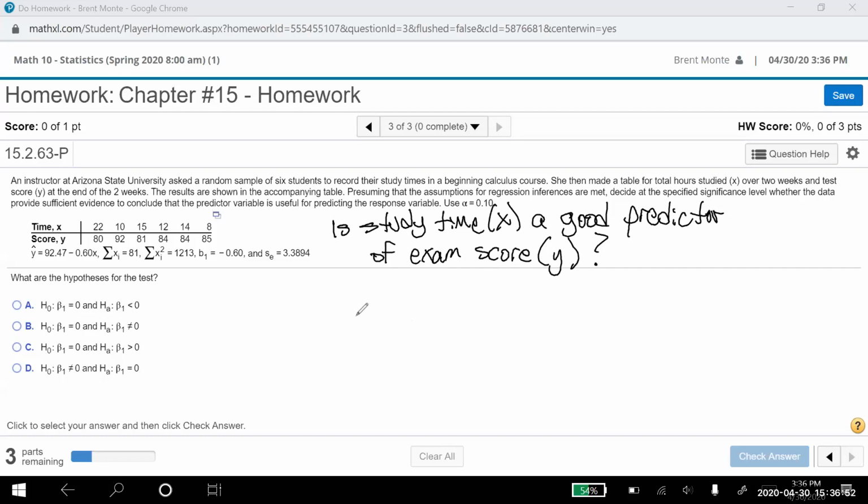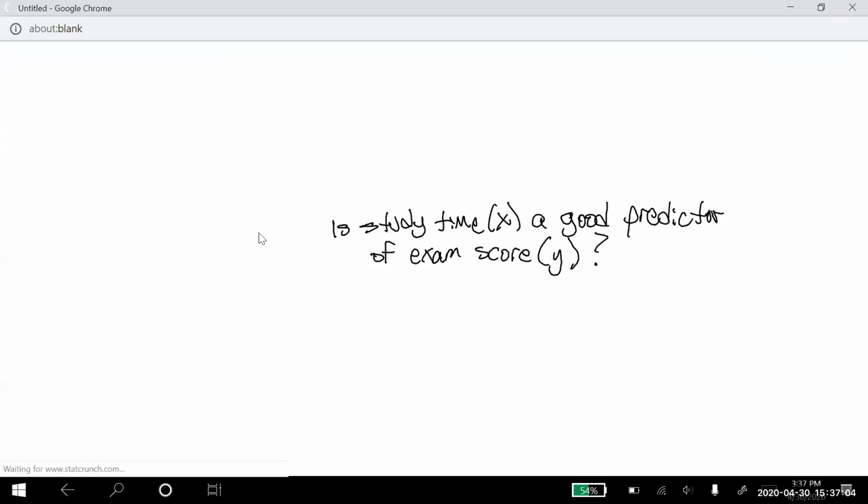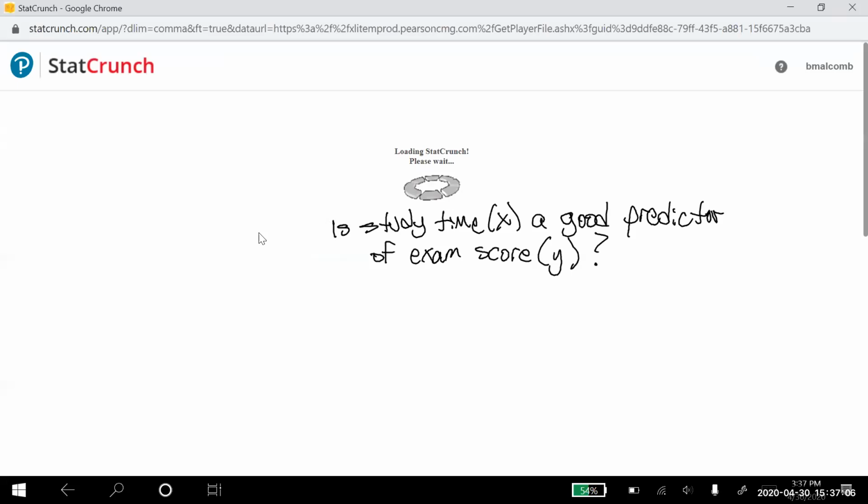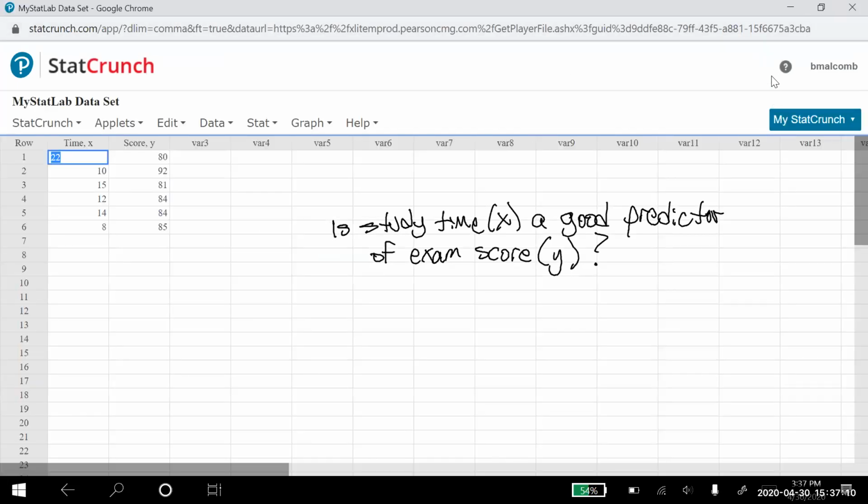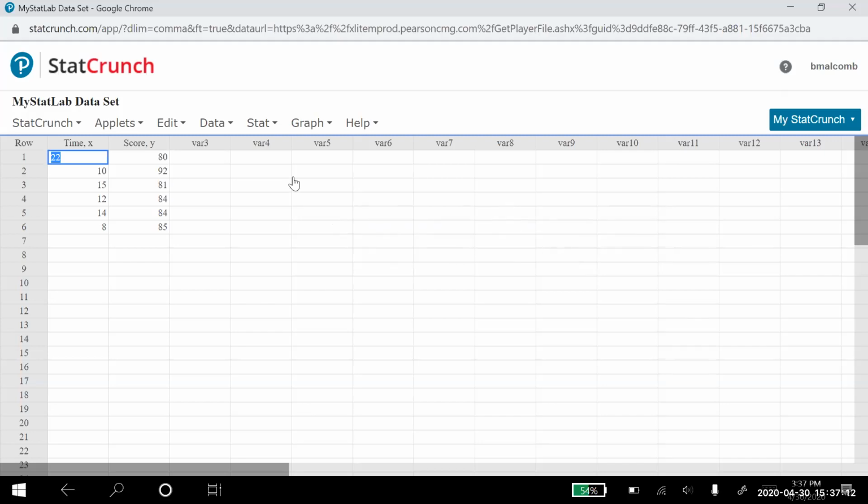So let's go ahead and real quickly, I'm going to go over here. I'm going to click here to open up the data. So we'll open it up in StatCrunch. And what I want to do is I want to do just a quick scatter plot of the data. So let me clear that off.